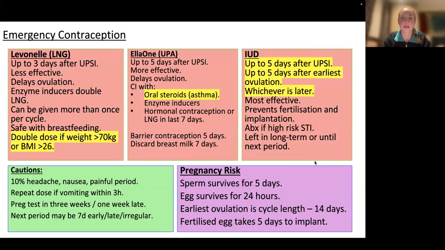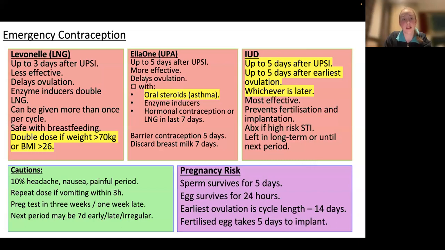And it's contraindicated with oral steroids, so for asthma, and enzyme inducers, or if you've had hormonal contraception in the last 7 days. And you would advise people after Ellaone to use barrier contraception for 5 days and discard breast milk for 7 days.